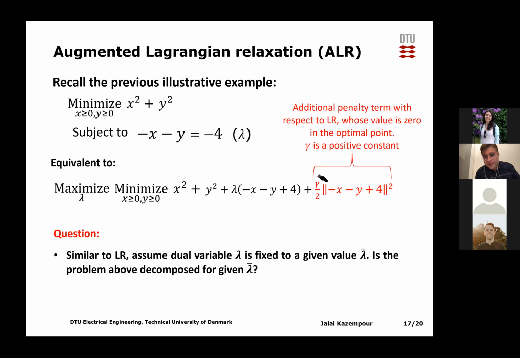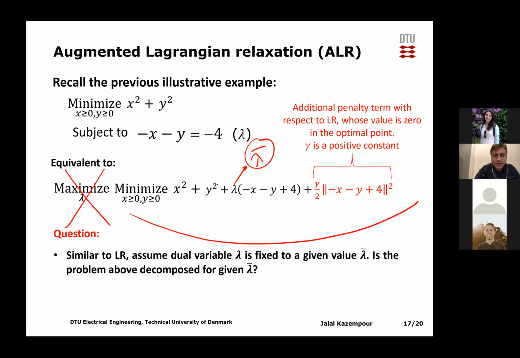So now, like Lagrangian relaxation, let me fix lambda to be lambda bar, and then this maximization problem is gone. So now is our problem decomposable or not? In Lagrangian relaxation, it was decomposable. But what about now? Is the question, our optimization problem with lambda bar, is it decomposable, one per y, one per x?